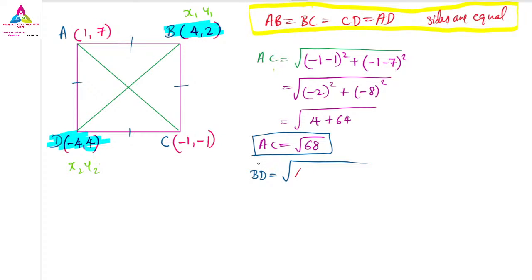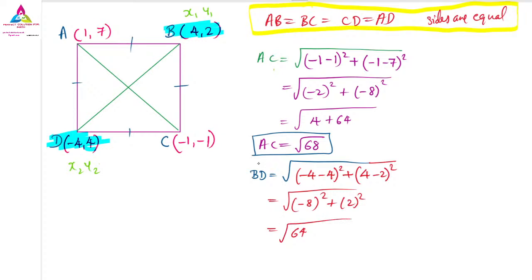So x2 is here minus 4, x1 is minus 4 again, the whole square, plus y2 minus y1, y2 is 4, y1 is 2 the whole square. What is the final answer? Minus 4 minus 4 is minus 8, and 4 minus 2 is 2 the whole square. So minus 8 the whole square is 64, and here we are going to get 4. So the answer will become root 68. So BD value is also how much? Root 68.